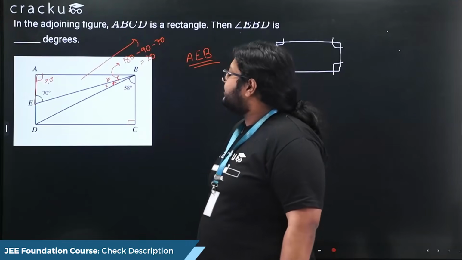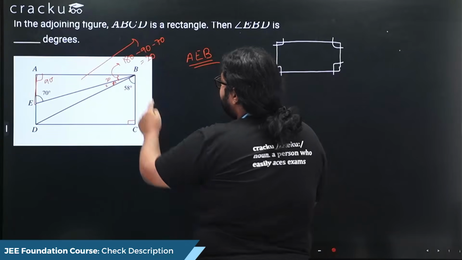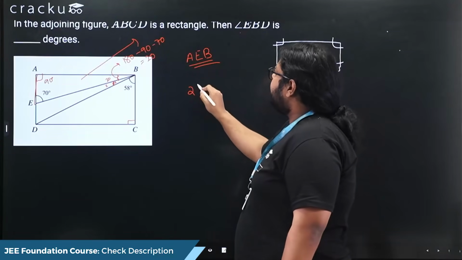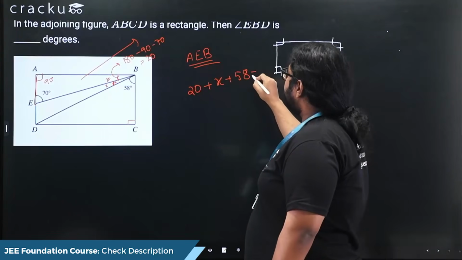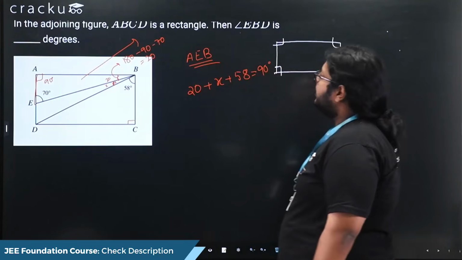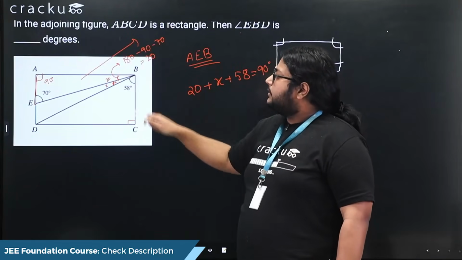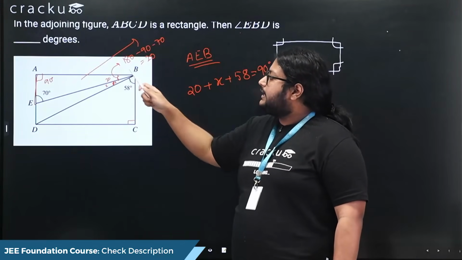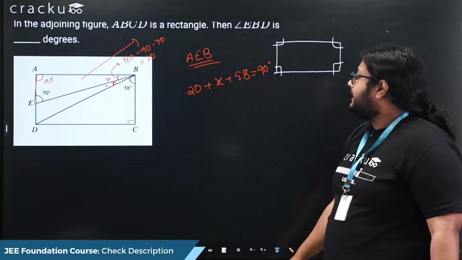Now this is the angle they want us to find, right? Let's call it X. So what will be the relation here in this angle B? In angle B we will have 20 plus X plus 58 is basically equal to 90, because this whole angle B is 90, no? So if this whole thing is 90, this piece is 20, this is 58, the sum of all of it should be 90.